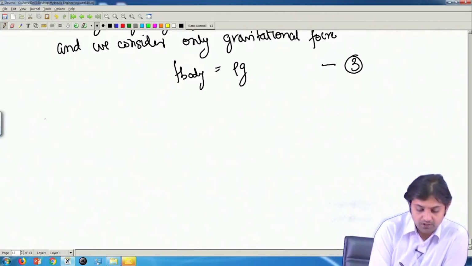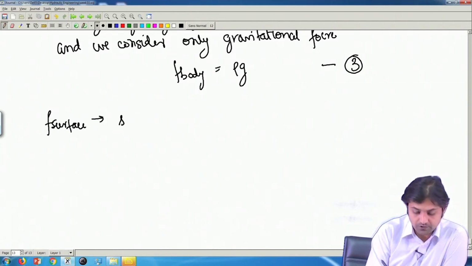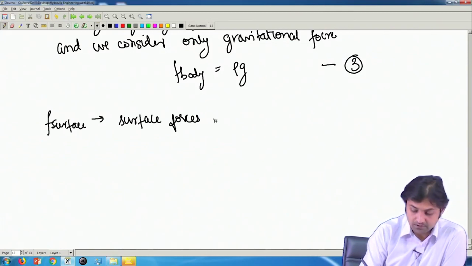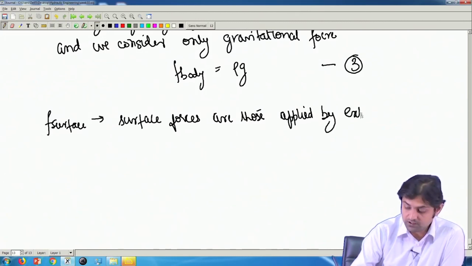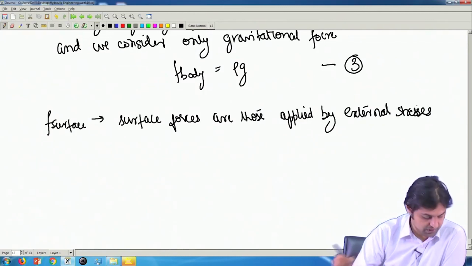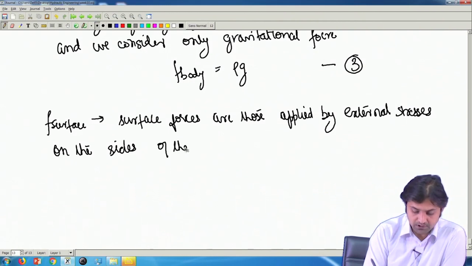All right. Now, the other force is F surface force. So first the definition: surface forces are those applied by external stresses on the sides of the element.